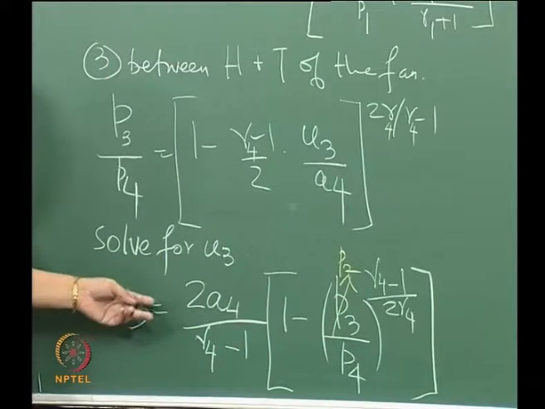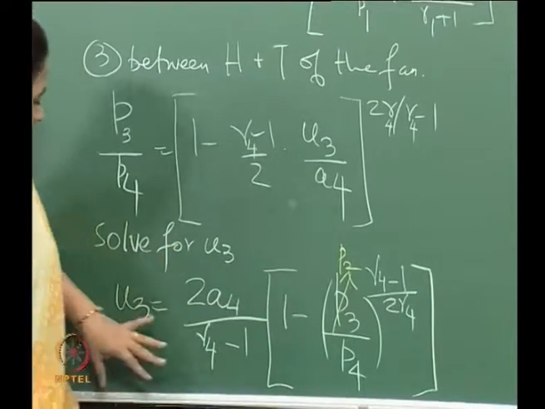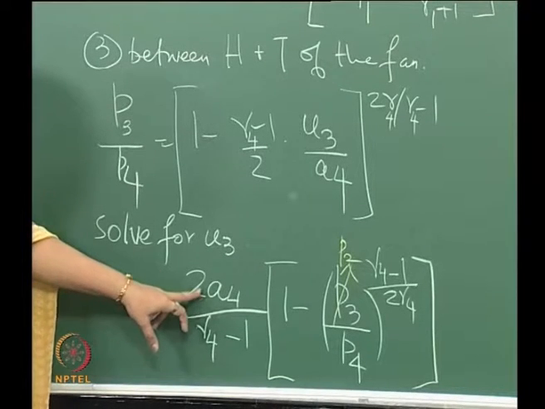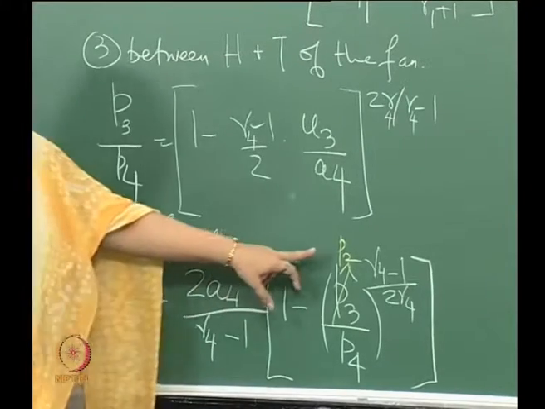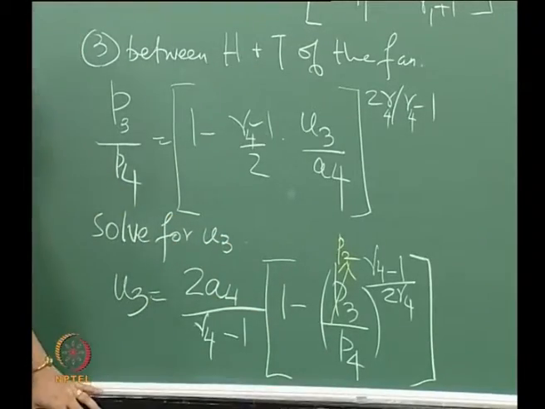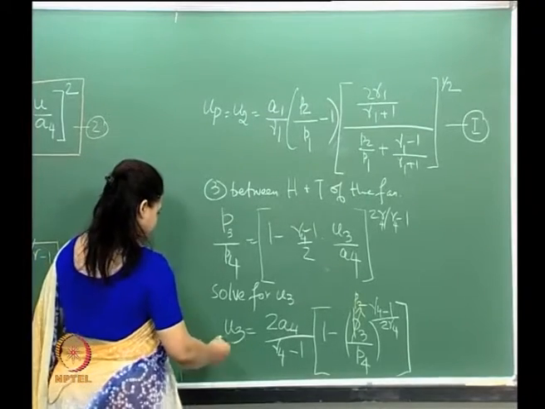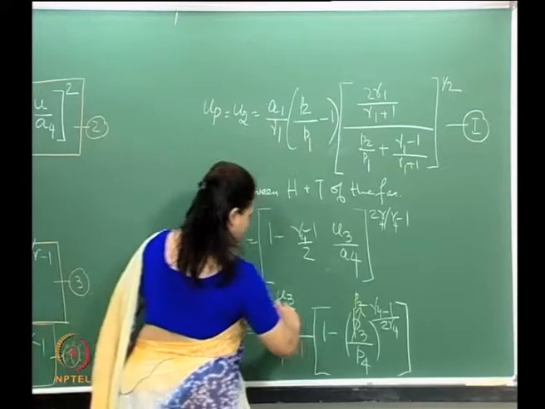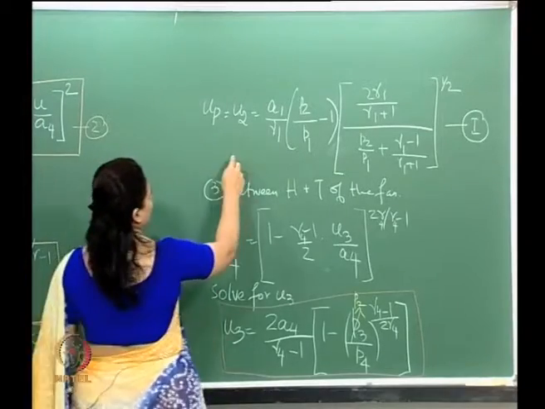We have now got u3, the velocity in region 3, in terms of the velocity of sound in region 4 and the pressures in region 2 and region 4. So we've got u3 here. Let us look at this now. Essentially, this is my u3, and we have u2 from here.